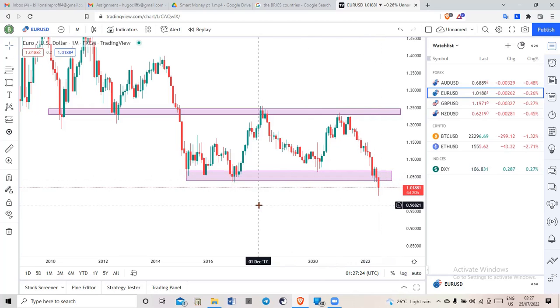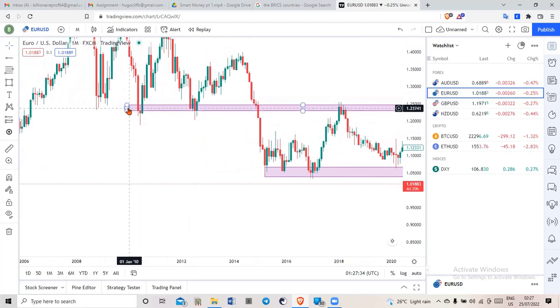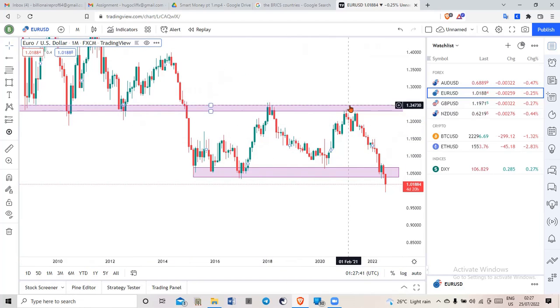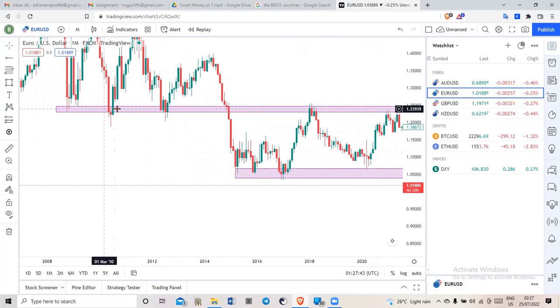So it doesn't really mean that price will keep remaining in that same range. Price can break the floor, as well as price can also break the ceiling. If you look at this area, before this current resistance that we have here, this place was a floor, and then price broke it and came down to this part and found another floor here.